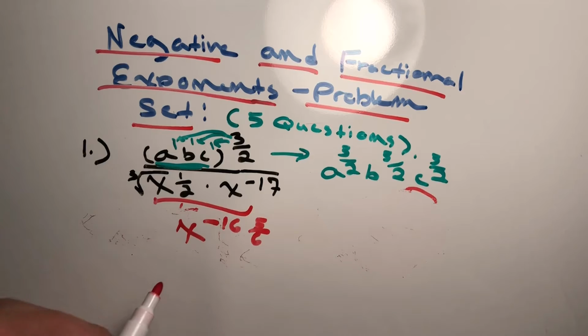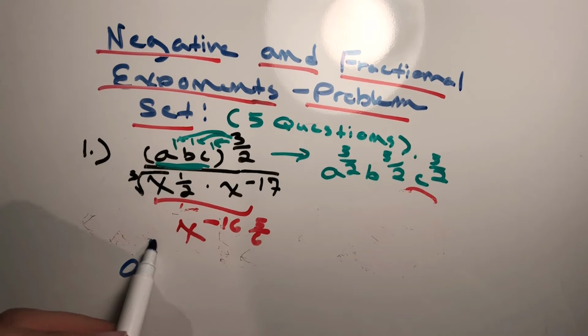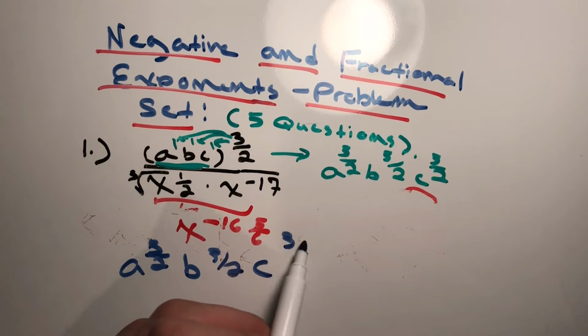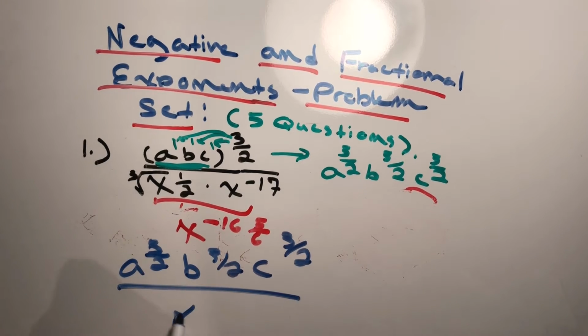So if we were to rewrite this whole expression, what we're going to get is a to the 3/2, b to the 3/2, c to the 3/2, all over x to the negative 16 and 5/6. And if you remember, when we have a negative exponent on the bottom, by the negative exponent rule, we can just bring this to the top, right? And so then we're going to get a final answer.